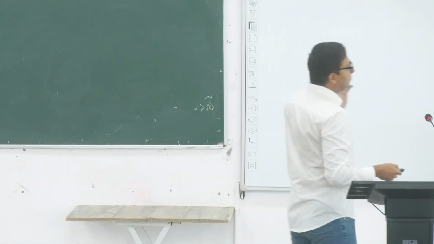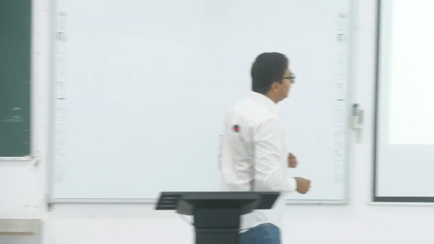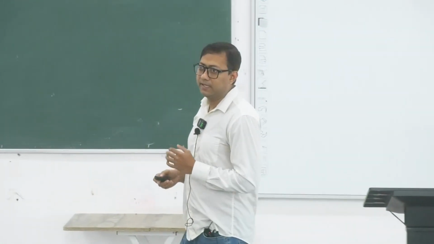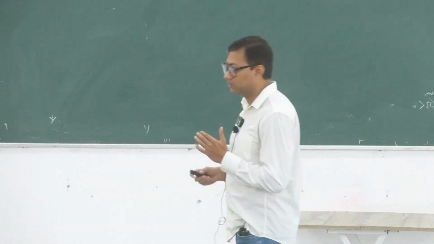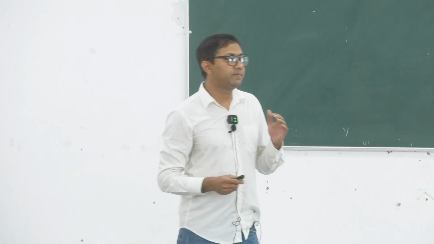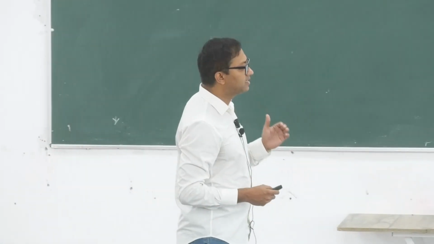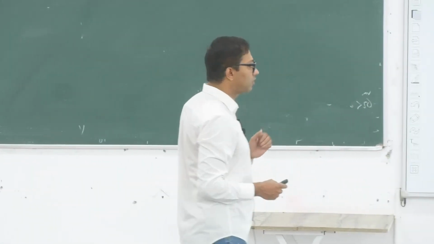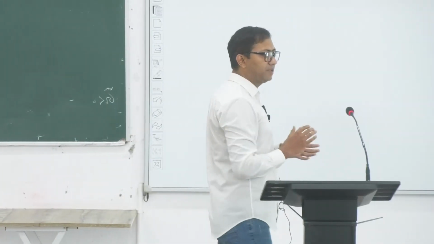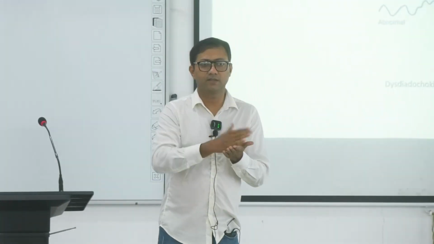Next point is called dysdiadochokinesia. You already know what is dysdiadochokinesia, right? Inability to perform rapid and alternate movement. We have tested performing rapid and alternate movement by simply doing pronation, supination, right?